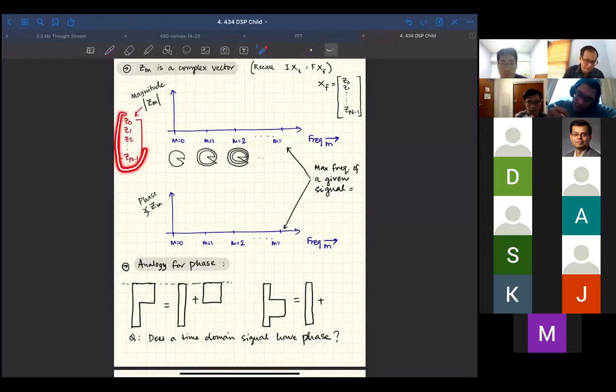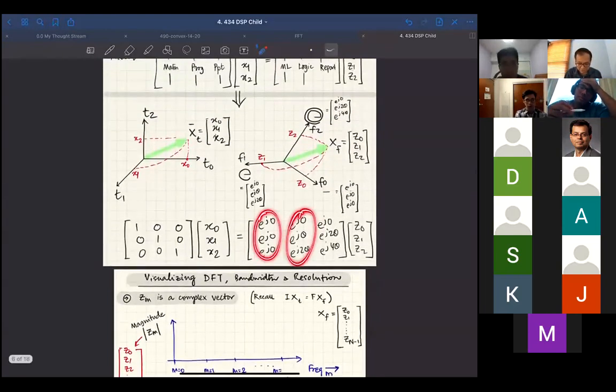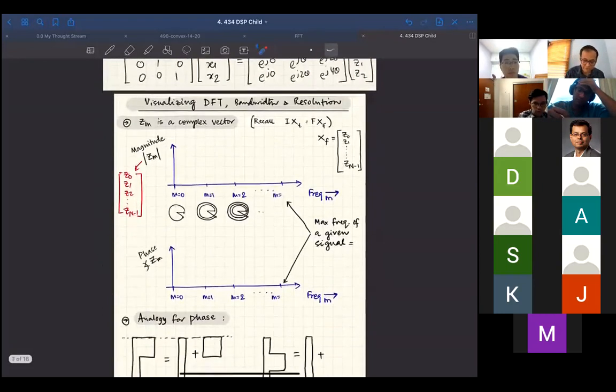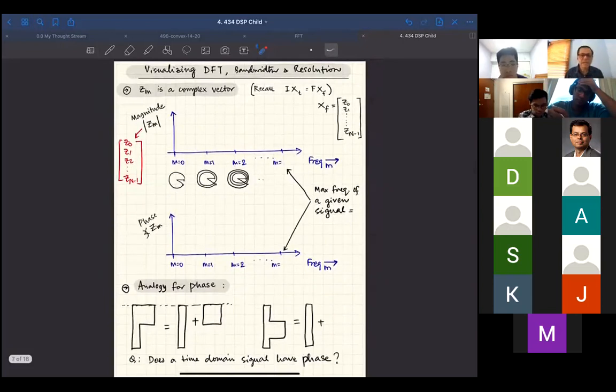You take your voice, you give it to MATLAB, and you say, do a DFT on it. MATLAB will throw out a vector, and that vector is essentially the Z vector. But remember, these Z0, Z1, Z2 are all complex numbers. You agree? Because these are all complex numbers, this has to be a complex number. Very good. So if this is a complex number, then how do we visualize it?